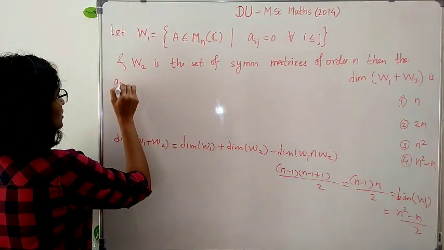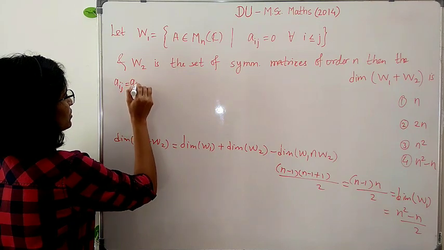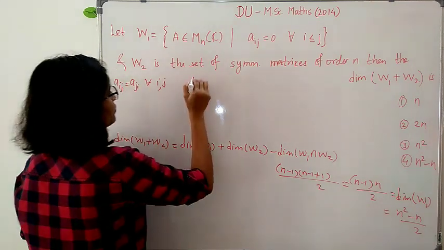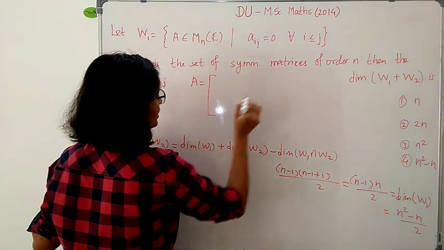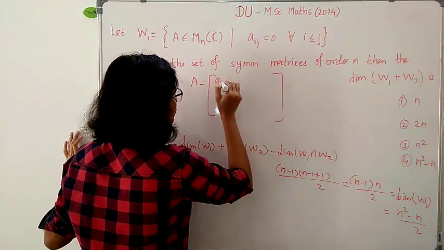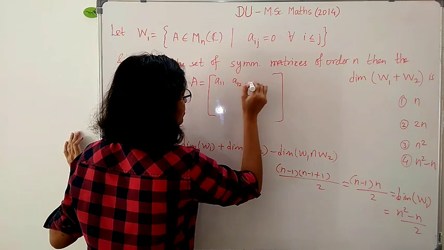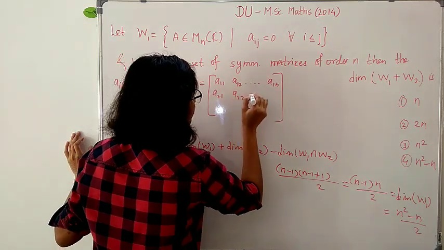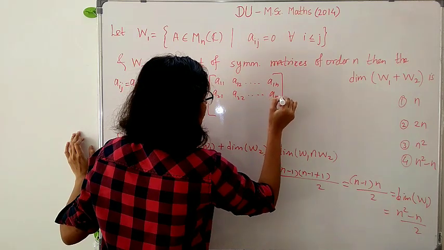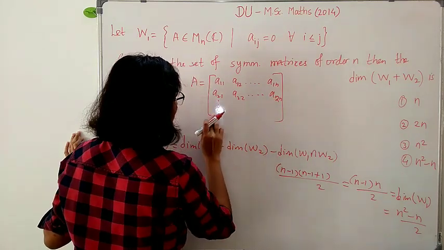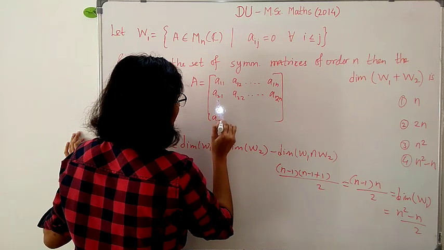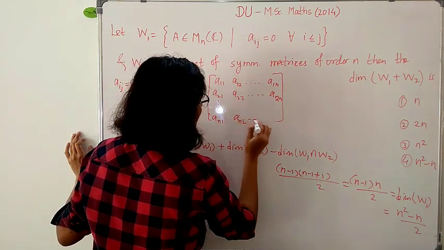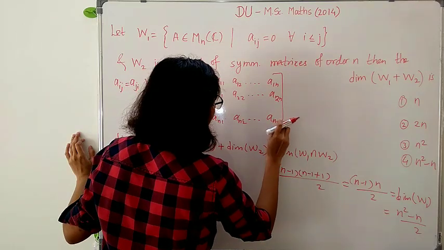So we have some matrix A equal to A11, A12, so on, A1n, A21, A22, A2n, and so on, then An1, An2, and so on, Ann.